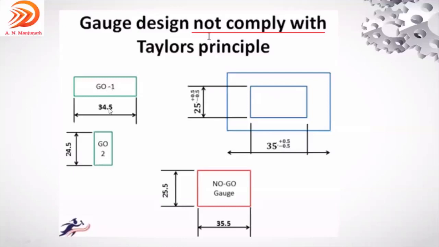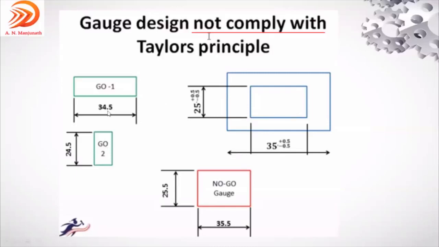As per this figure, if you use the first go gauge, you can check only this dimension, 34.5. It is not possible to check this dimension, or to say whether it is rectangular, cylindrical, or any other shape.